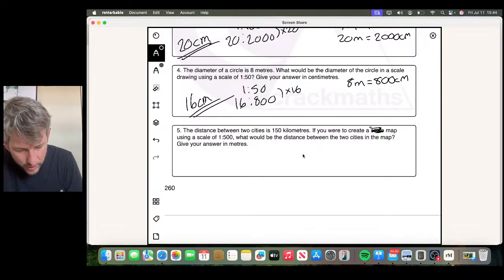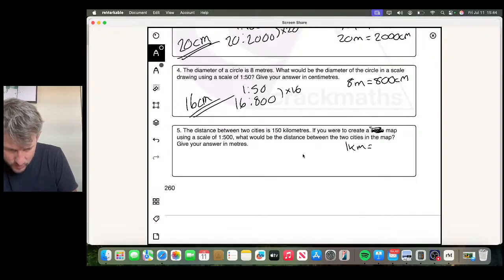So we have 150 kilometres. So 1 km equals 1,000 metres. So 150 km equals 150,000 metres. The scale is 1 to 500. So we need to get to 150,000.